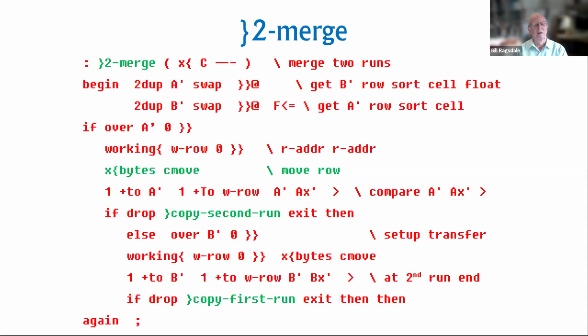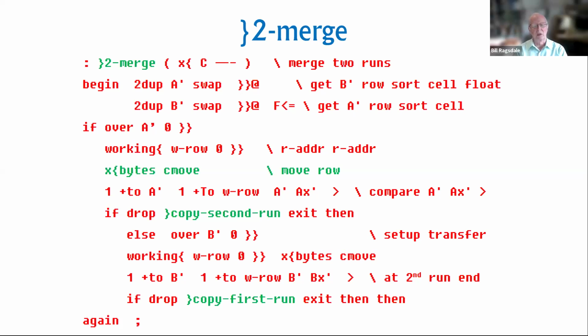On the other hand, if at the beginning we realize that we're processing the B row, this is the else. Over B prime 0 bracket bracket identifies the row of the second run, the working W row 0 bracket bracket, followed by a C move, moves that row to the working matrix.